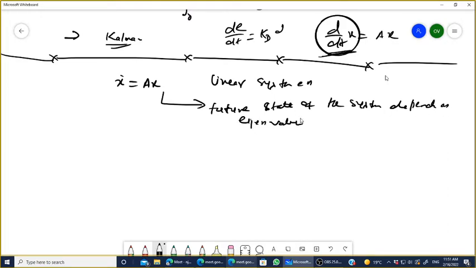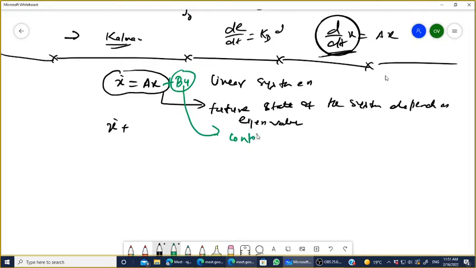eigenvalue. Okay. अब x dot equals ax में क्या नहीं है, वो term है b. It means control input is absent. In the absence of this control input, whatever the system is, either controllable or uncontrollable, we don't know.